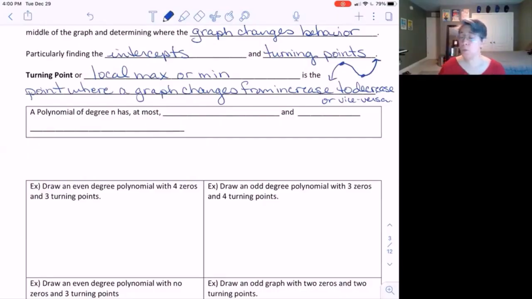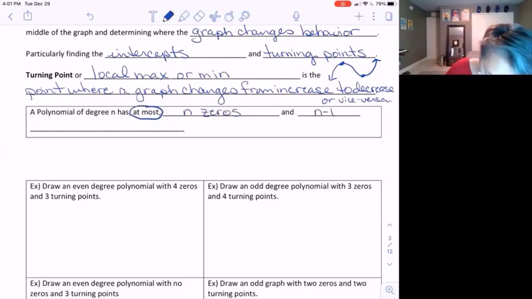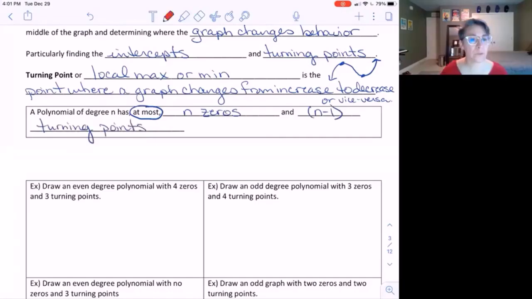Now, a polynomial whose highest exponent is n, in other words, has a degree n, has at most n zeros and n minus 1 (put that in parentheses) turning points. If you forget that little piece of information, think of x squared, okay? So our n is 2.